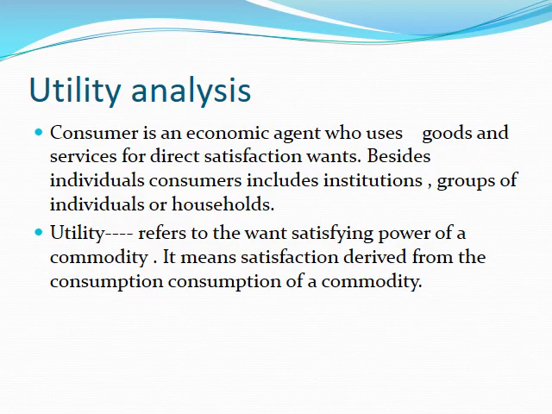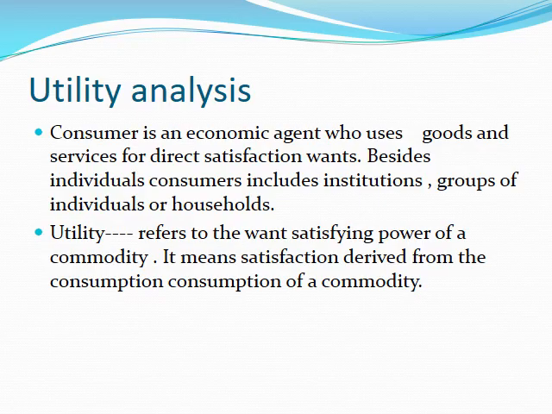Consumer. Who is a consumer? He is an economic agent who uses goods and services for direct satisfaction of wants. Consumer includes not only individuals but also institutions, groups of individuals or households.